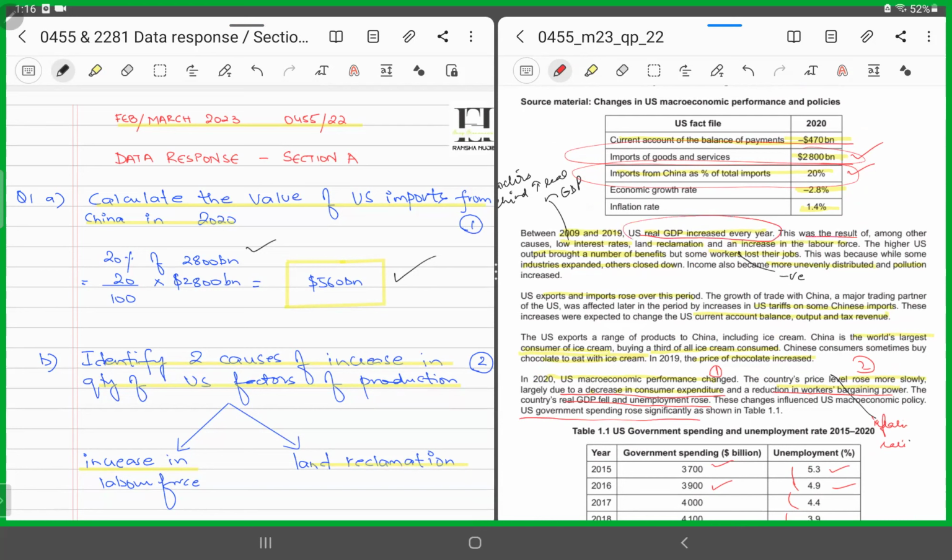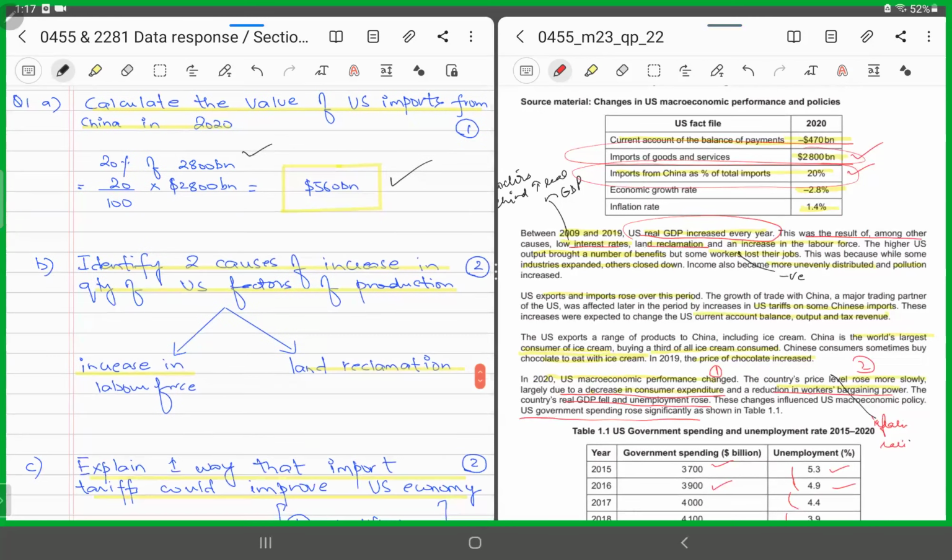This was the result of, among other causes, low interest rates and land reclamation, right? So increase in labor force, land reclamation, again, these are the two reasons. You mentioned that and straight 2 marks awarded to you.